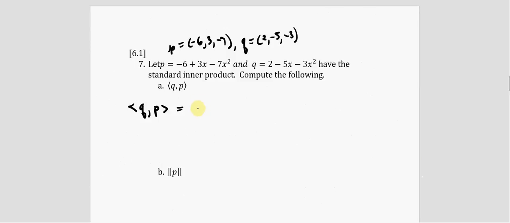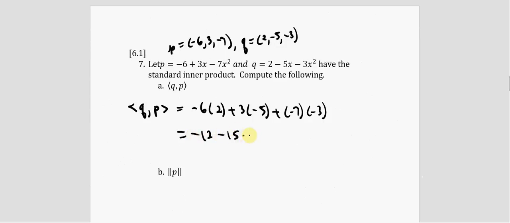So we get this inner product. This is -6 times 2 plus 3 times -5 plus -7 times -3. It gives us -12 minus 15 plus 21. So we get -27 plus 21, or just -6.